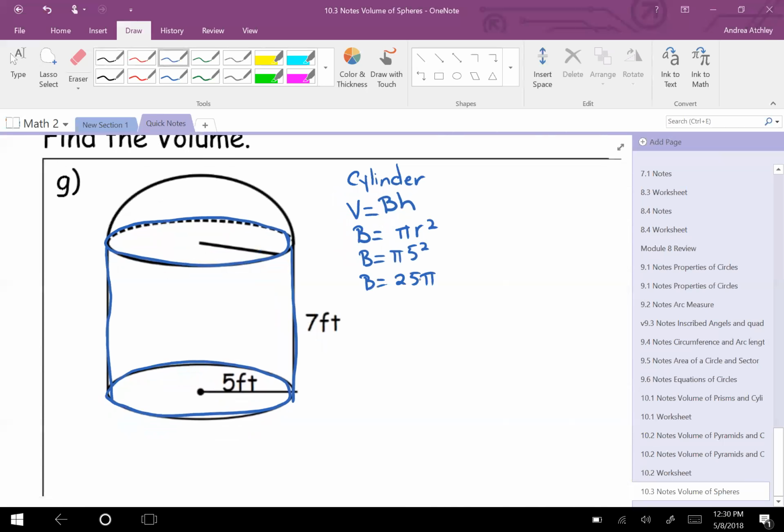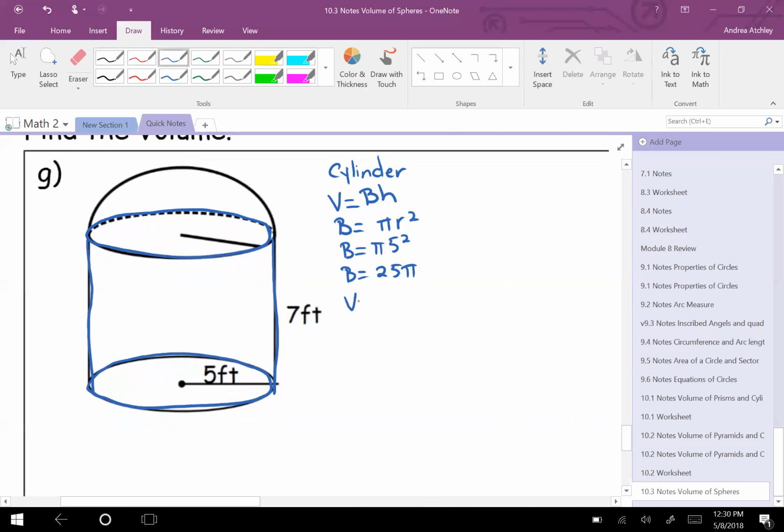Then my volume is the area of the base, 25 pi, times the height of 7. So I multiply 25 times 7, 175. 175 pi.